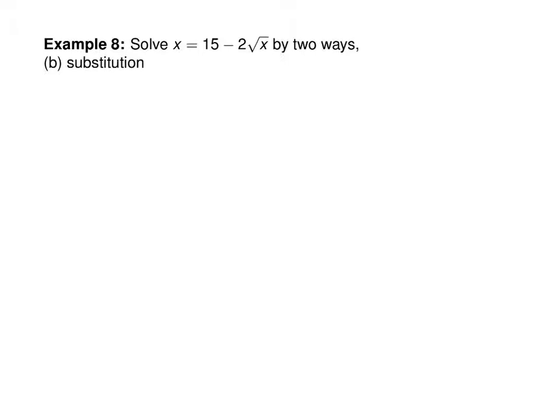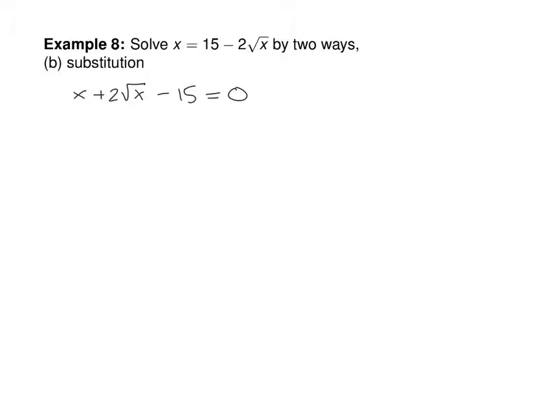Okay, so let's also try this using that substitution thing. So move all the terms onto the side with the x. Write it as x plus 2 root x minus 15 equals 0. What is a square root as a power? 1/2. Does it make sense that the second power is half of the first power?